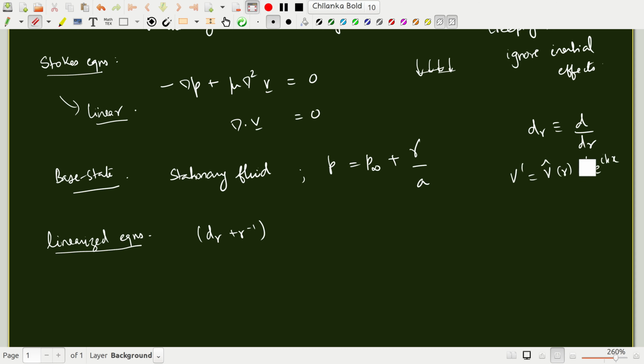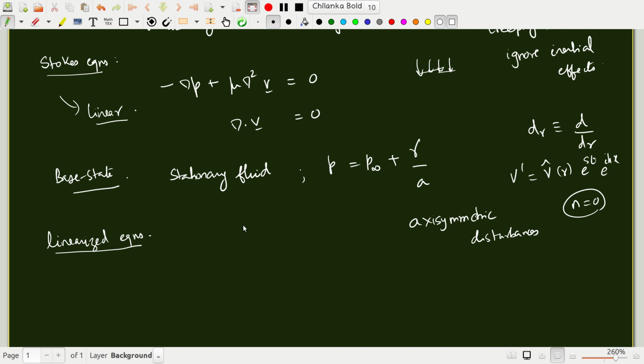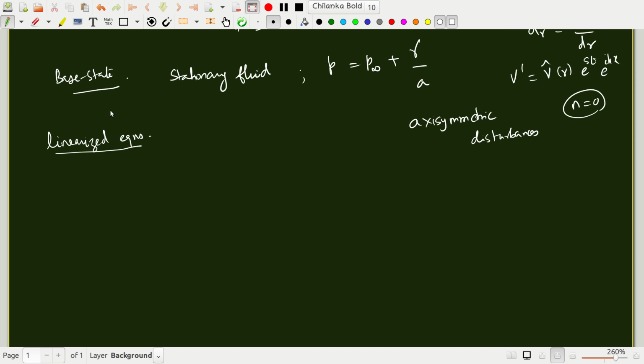For the sake of simplicity, I'm going to assume only axisymmetric disturbances, so I'm going to consider n equal to 0, because as we saw in the previous module, non-axisymmetric disturbances are stable. Surface tension is stabilizing for non-axisymmetric disturbances, so we'll restrict ourselves to axisymmetric disturbances.